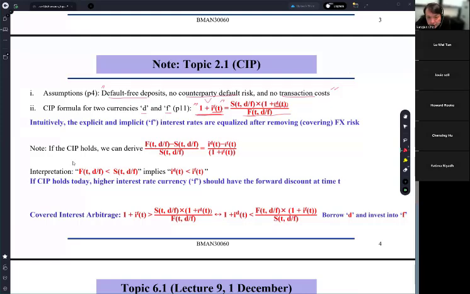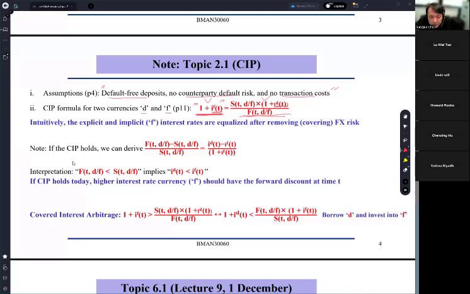So there is no risk here, no risk here. So this is the law of one price. If you invest into a risk-free asset, either this way, left-hand side, or right-hand side, you're going to get the same return. Law of one price.